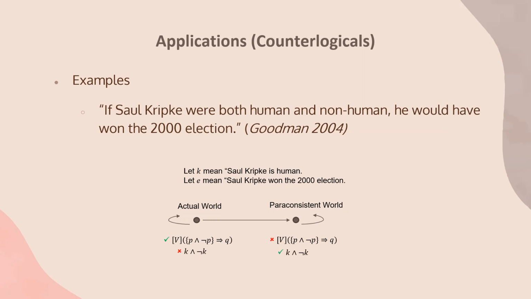And suppose that at the actual world, Saul Kripke is not both human and non-human, but at the paraconsistent world he is. And suppose at this paraconsistent world, he did not win the 2000 election. Because this paraconsistent world is accessible from the actual world, that allows us to make this counterlogical false, that if Saul Kripke was both human and non-human, he would have won the 2000 election.